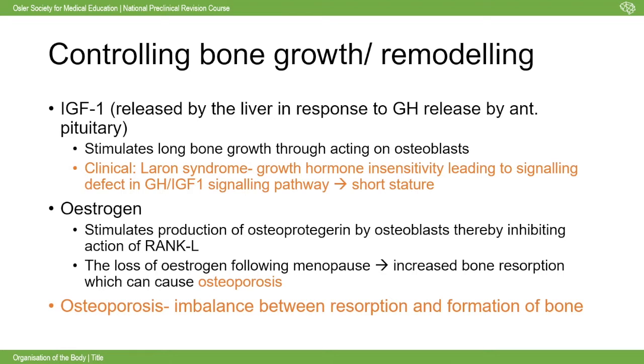But actually then, when women no longer produce estrogen, or at much lower quantities following menopause, we find that there's much increased bone resorption, and this can lead to that imbalance that I was talking about, which we're really trying to avoid, which leads to osteoporosis, which can lead to that vulnerability, particularly in women that have premature menopause. You want to make sure that you're giving them some kind of supplement for estrogen to ensure that they're not going to get this kind of excess bone resorption.